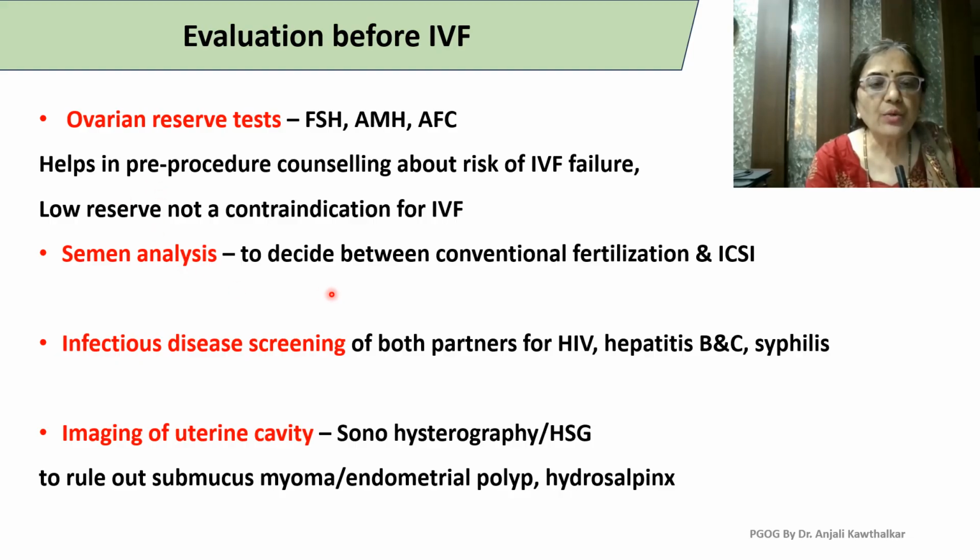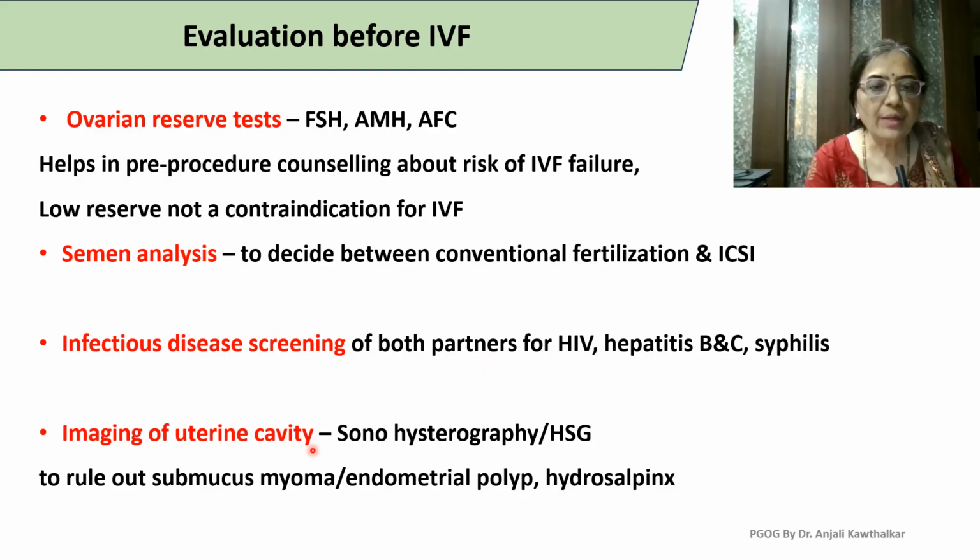Semen analysis is mainly done to decide whether to proceed with conventional fertilization or whether there is a need for intracytoplasmic sperm injection. Infectious disease screening for both partners for HIV, hepatitis B and C, and syphilis is necessary, especially for the protection of the staff working at the IVF center, as well as for the possibility of transfer of infection to the offspring.